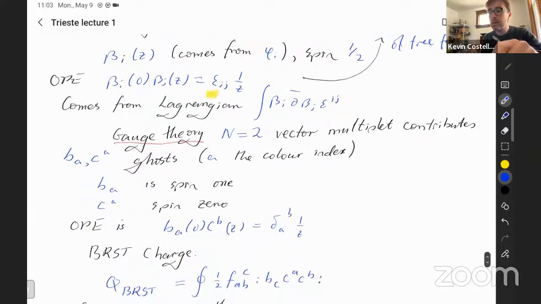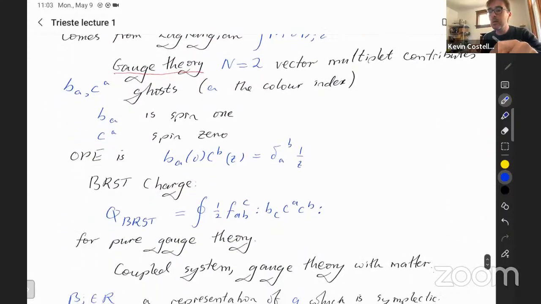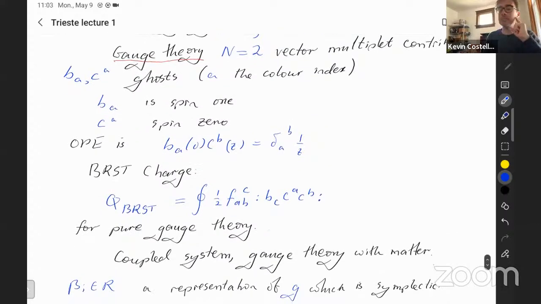Now, what happens for gauge theory? Well, the N=2 vector multiplet contributes some fields to the chiral algebra. And these are something that should be quite familiar to people who've studied string theory. They're bc ghosts.